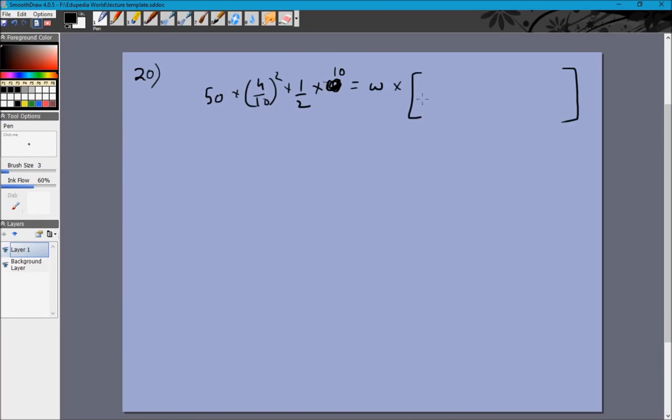What will the final moment of inertia be? It will be this term, 50 into (4 by 10) whole square into 1 by 2, plus 2 times the moment of inertia of each disk. And here is the important part. We are calculating the moment of inertia about this axis going inside and outside the plane of this disk. Right. So we are not calculating it about the center, we are calculating about the edge.